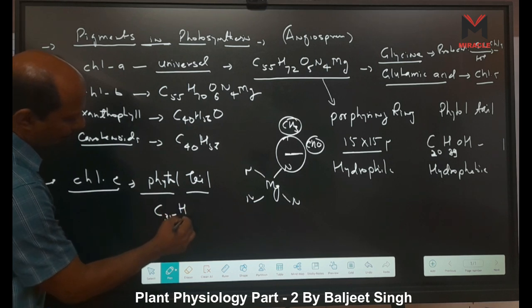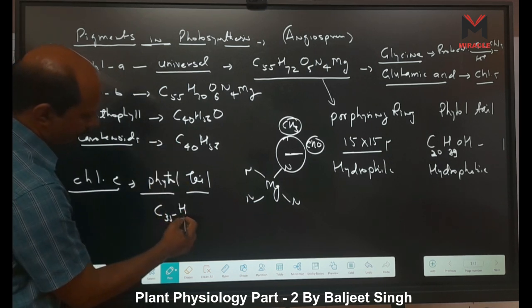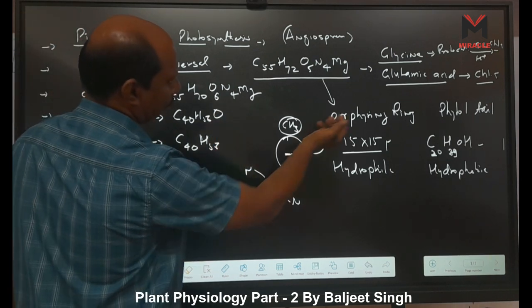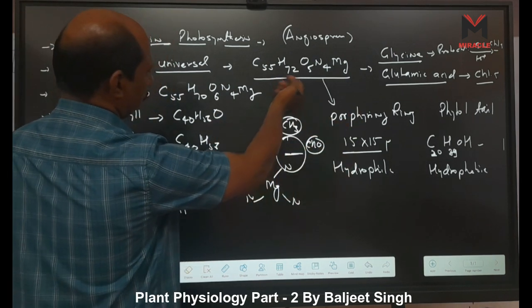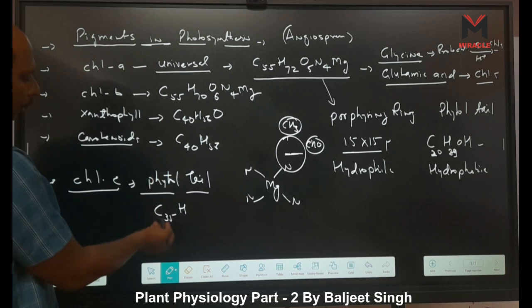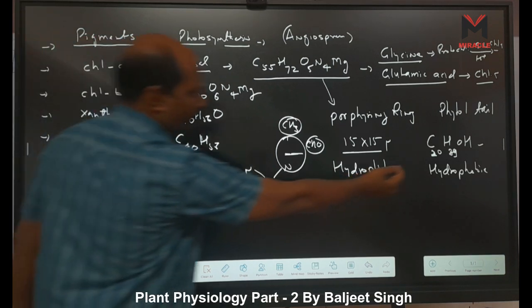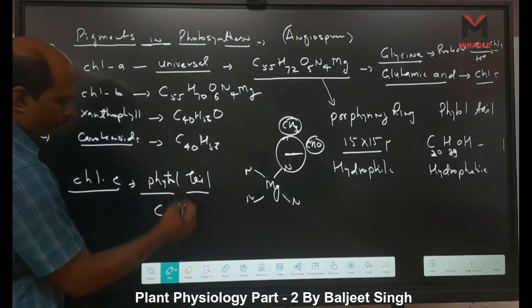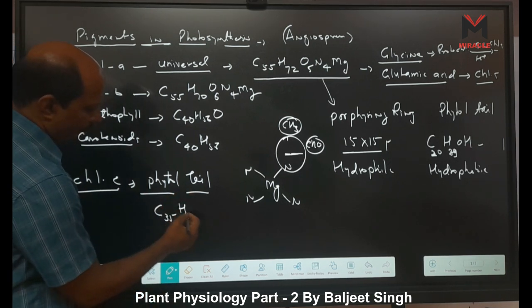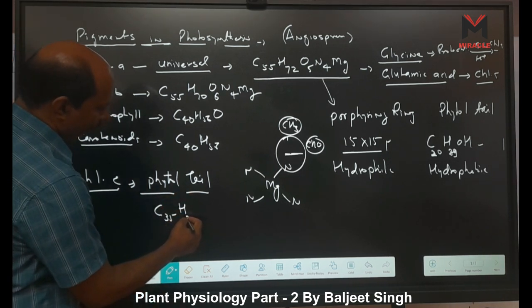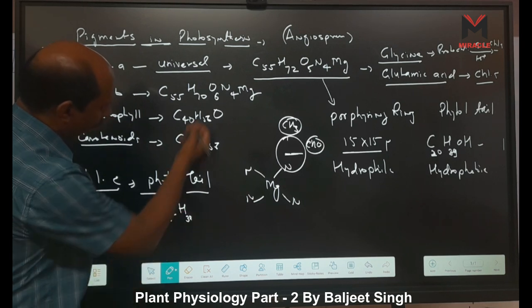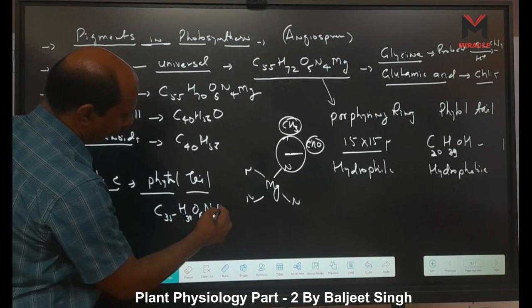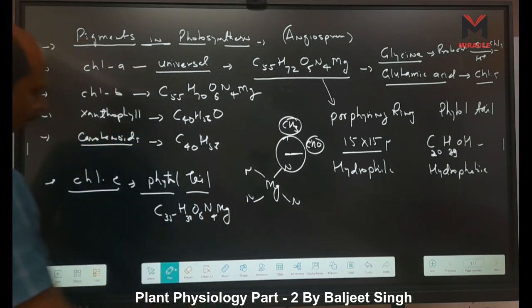C35, now H is how much? When we subtract the tail, it becomes C35, H58 something, O6N4Mg, right?